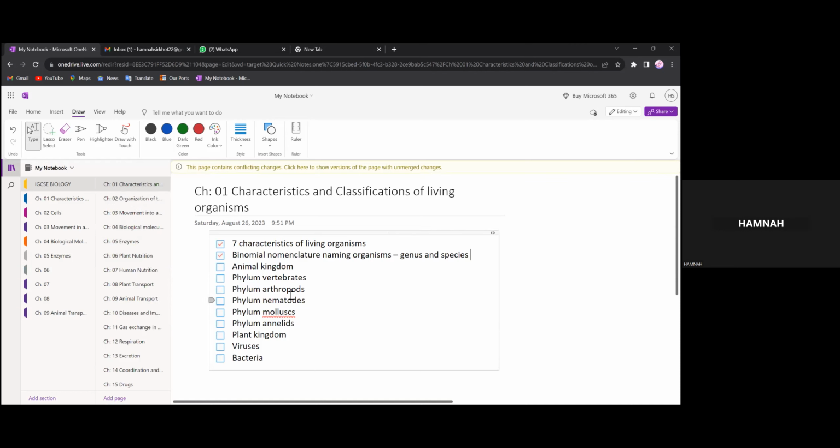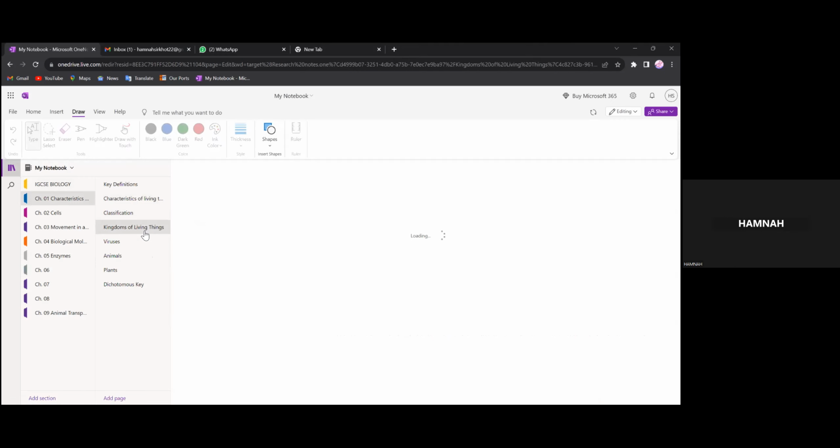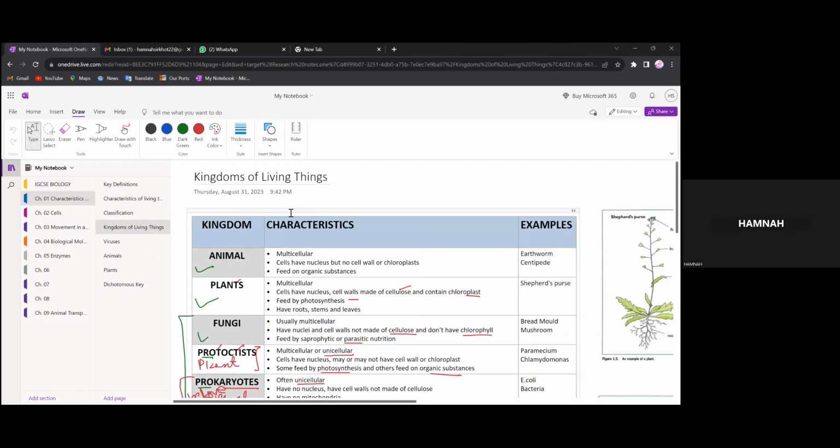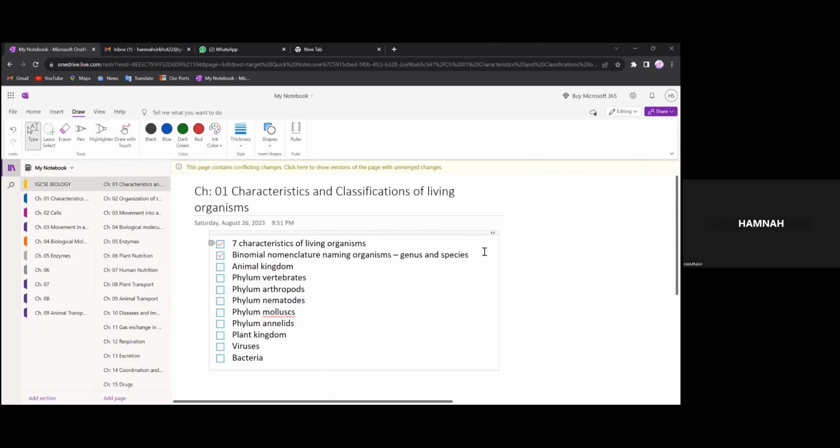Phylum vertebrates, arthropods, nematodes, mollusks. So here, in kingdoms of living things, instead of the animal kingdom, I would just ask about the kingdoms. Let's change this. What were the kingdoms?